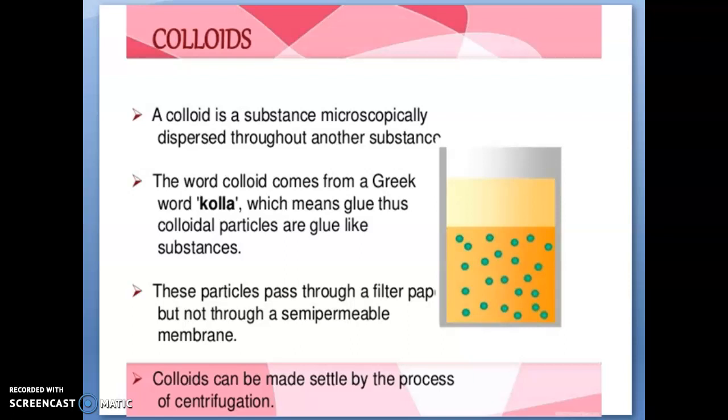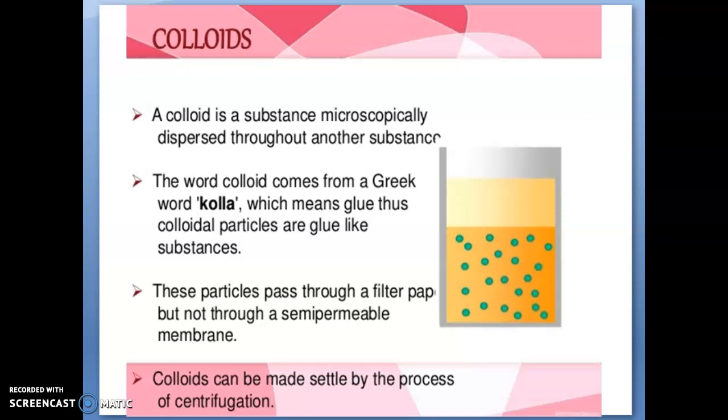So here in this chapter you have to learn what is colloids and different types of colloids and classification and preparation of these colloids and its properties and purification and different properties like optical, electrical, and at last different types of colloid salts, emulsion, gel, everything. So first of all, we are going to look at what is colloids.